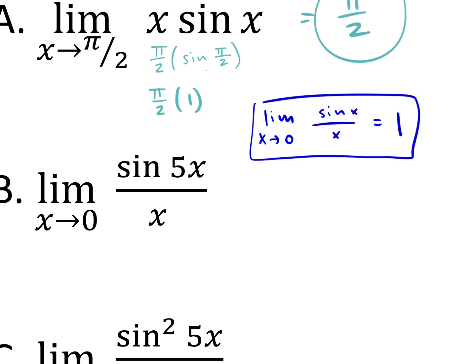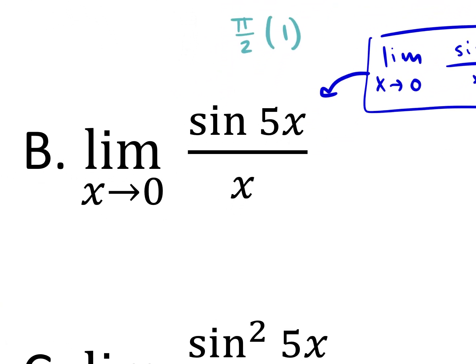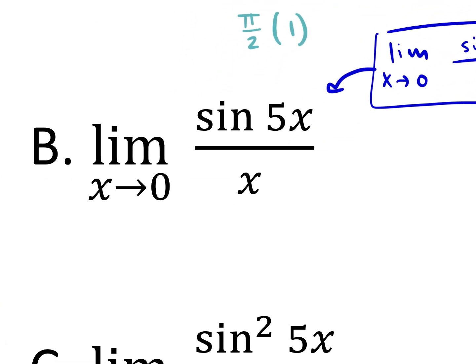So B looks super close to that. Now we can just look at this and I'll show you the shortcut way of how we can go from this to this, what our answer for our limit would be. But I'll also show you the worked out way too, the long way. So here, the sine of 5x over x.